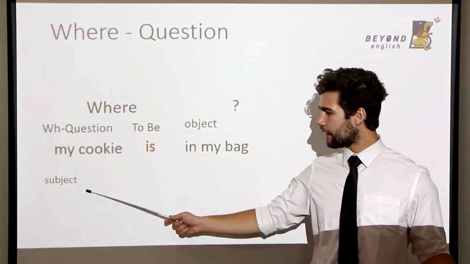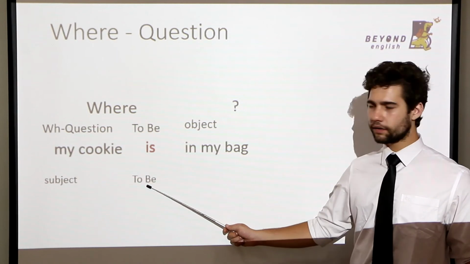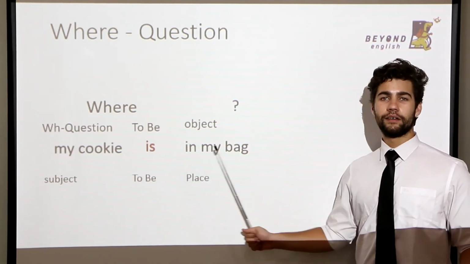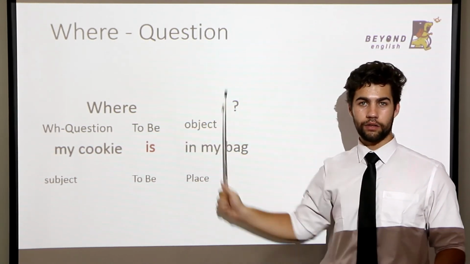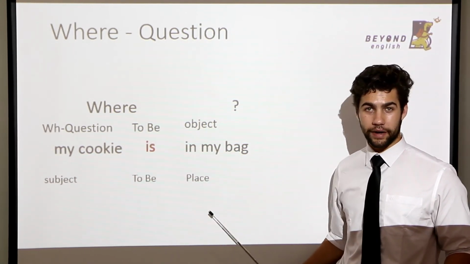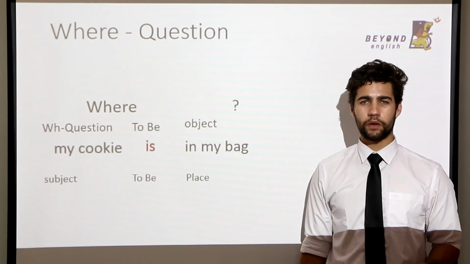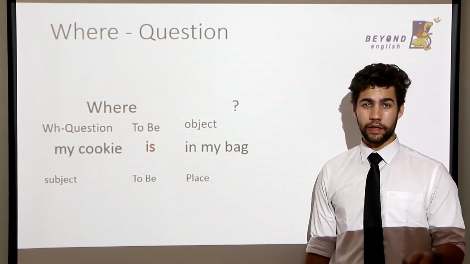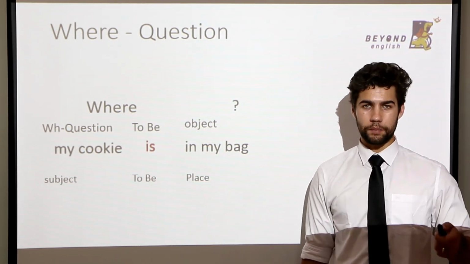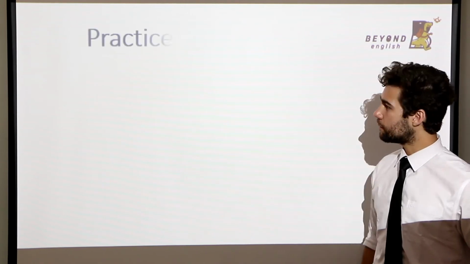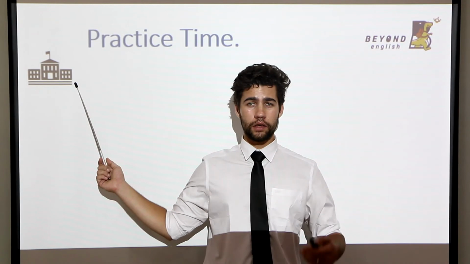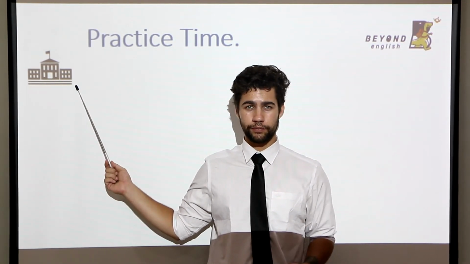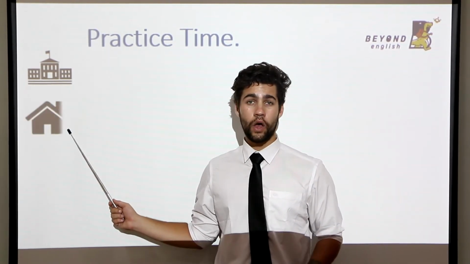We have a subject, verb to be, and then a place. Remember, the word where always talks about a place. Okay, now let's move on to our next practice time. So, over here we have the word school. Next, home.